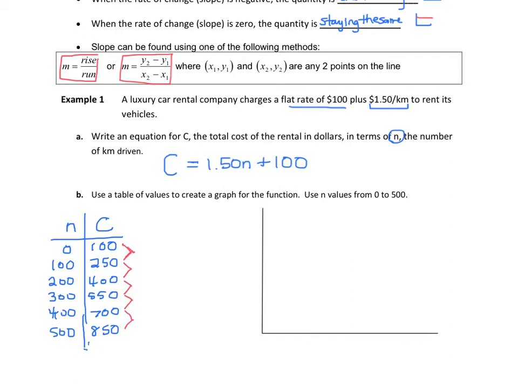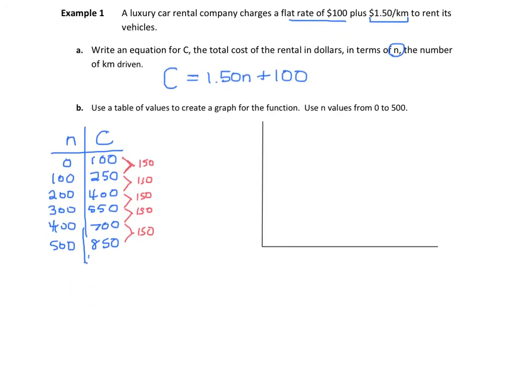So in this case, we know we're going up by 150 every time. Okay, so that wasn't necessarily part of this question, but I wanted to use this example to point out to you. So let's make a little note here that the first differences will be constant. Let me try that again.